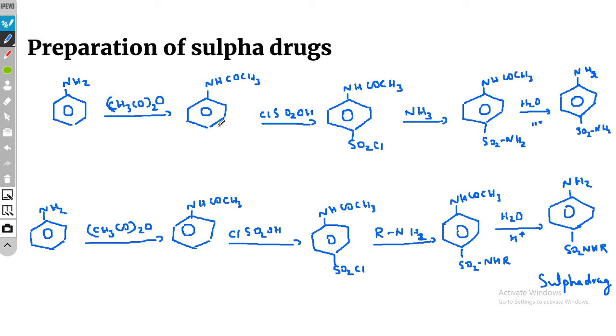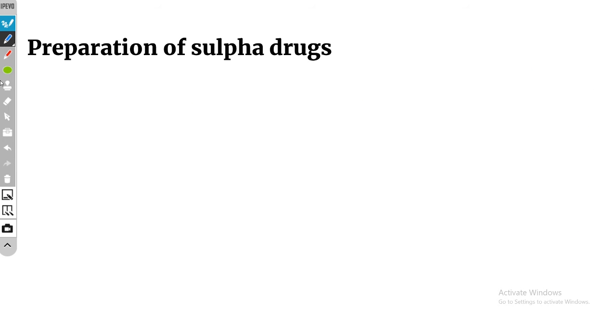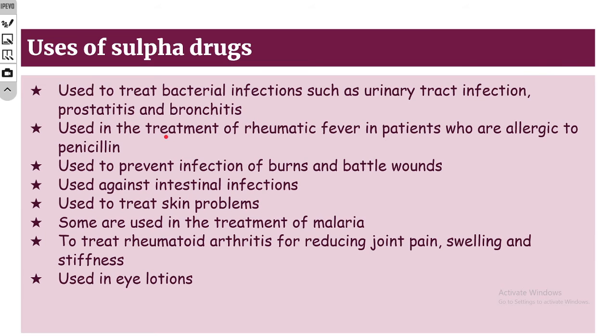So let us move on to the uses of sulfur drugs. Among about 20,000 sulfur derivatives that have been synthesized and screened for antibacterial activity, about 150 of them have become commercial drugs. Now we are going to see some of the uses of sulfur drugs.